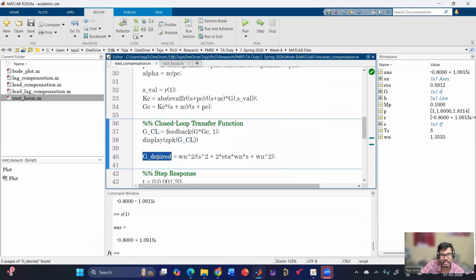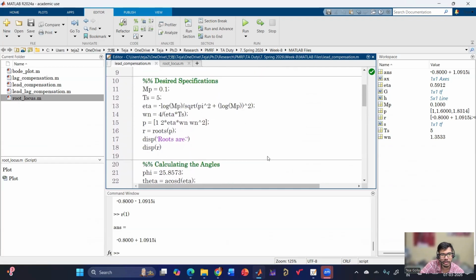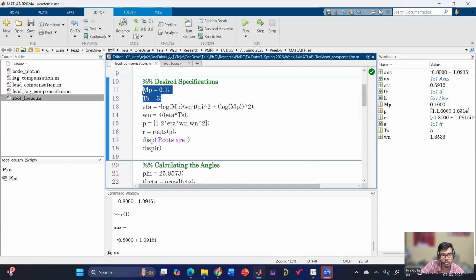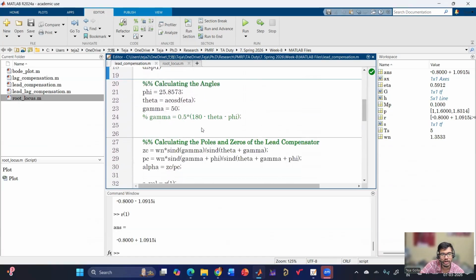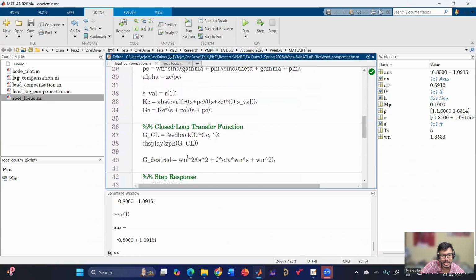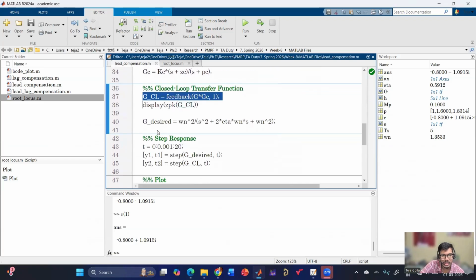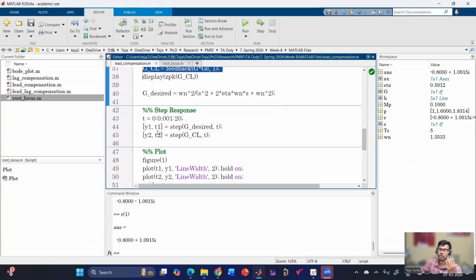And my desired transfer function I can also get, which is omega n square by s square plus 2 eta omega n s plus omega n square. This is coming from the requirement, which is the maximum overshoot as well as the settling time. Once we get the desired transfer function plus our closed loop transfer function, we can see whether we are able to reach the desired response or not.